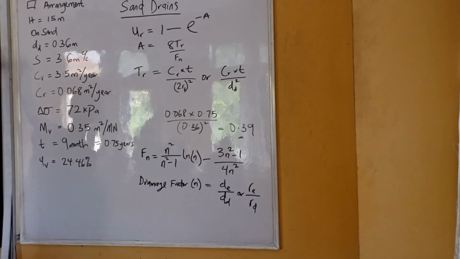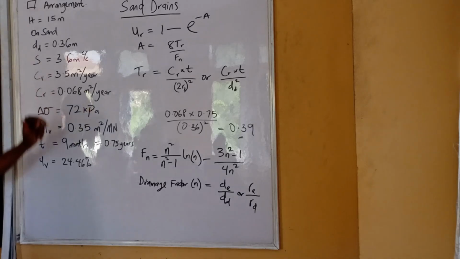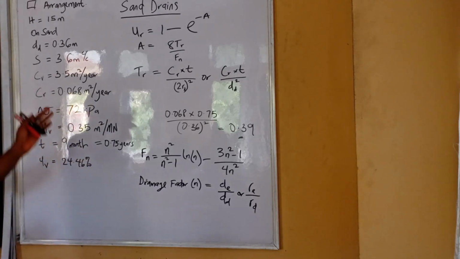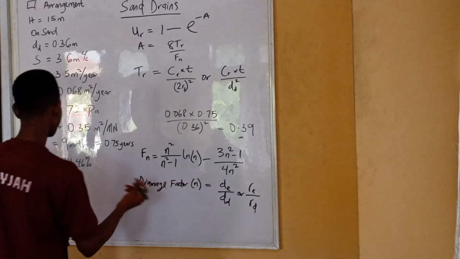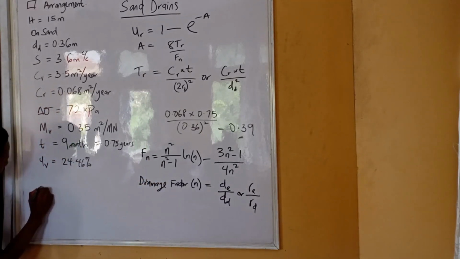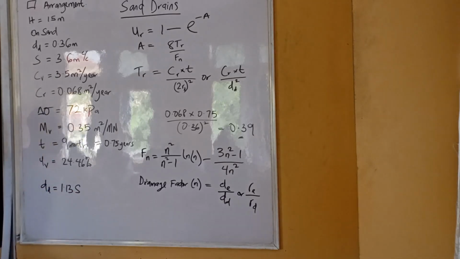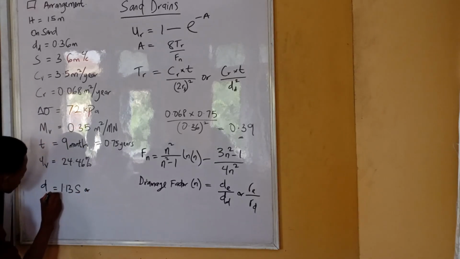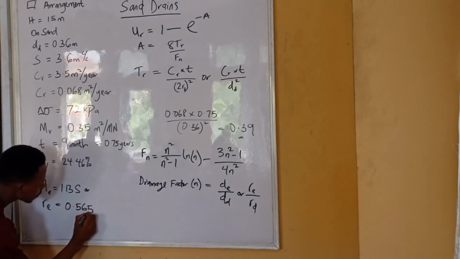From the question, we have a square arrangement, which gives us the relationship between the spacing and the radius of the zone of influence. So we can say DE equals 1.13s, or RE equals 0.565s.